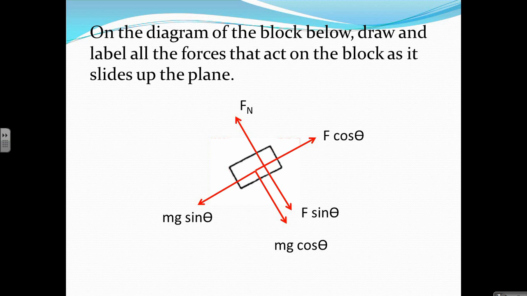The normal force is reacting to that, pushing out of the surface. And finally, we have the force of friction. That's mu times whatever our normal force is. So it will really be mu times the sum of F sine theta plus mg cosine theta. And this is our free body diagram.